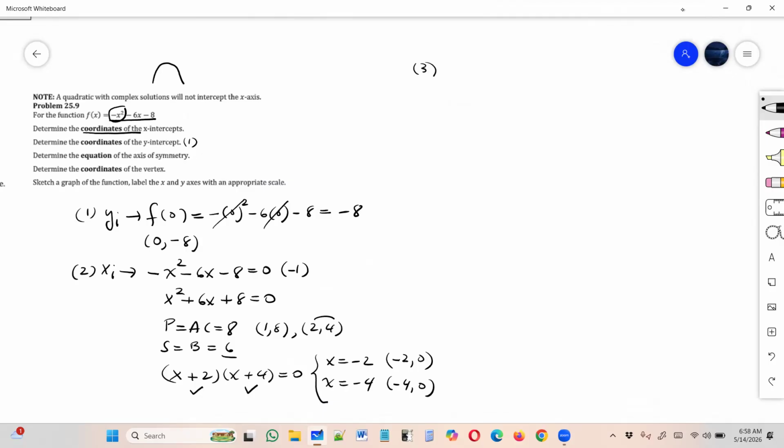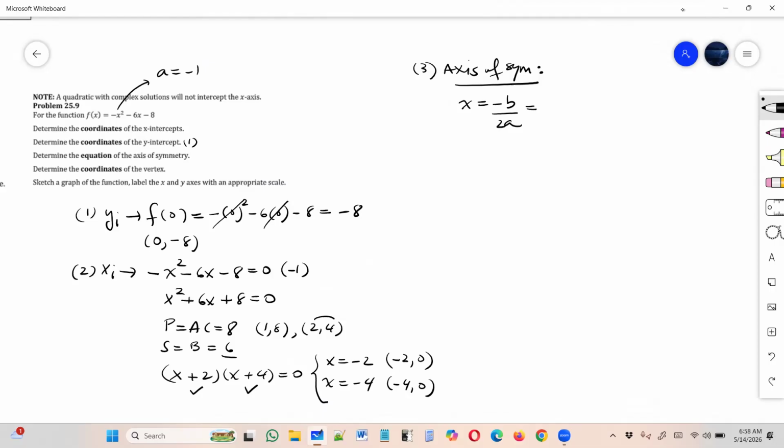Now, next, I need to find the axis of symmetry. The axis of symmetry, you already know, is minus b over 2a. Let's go back to the function, take a look, right?